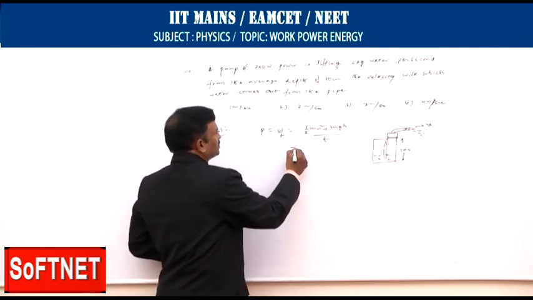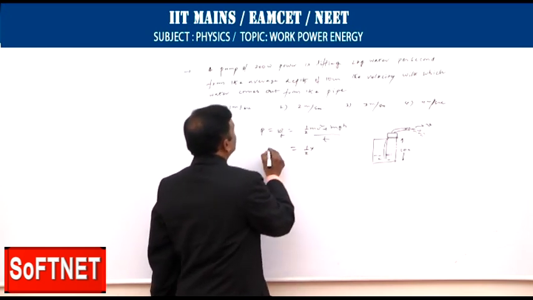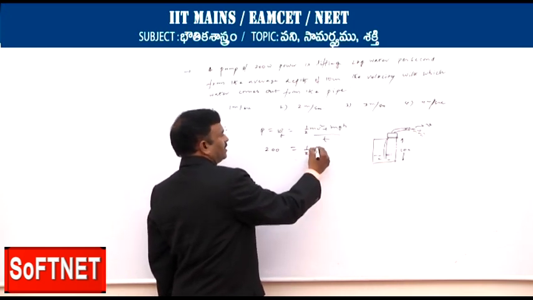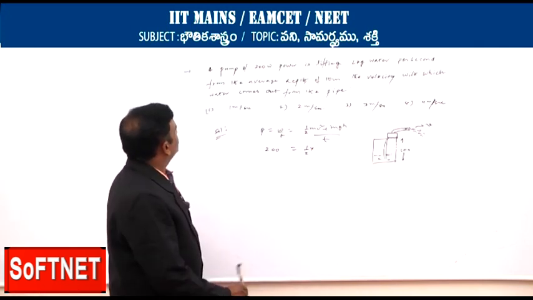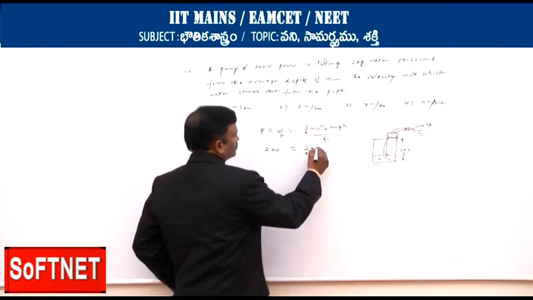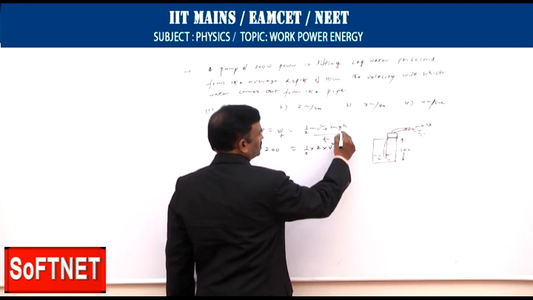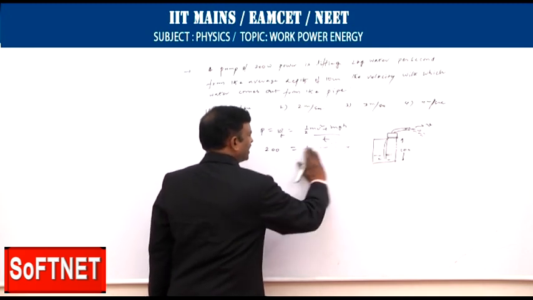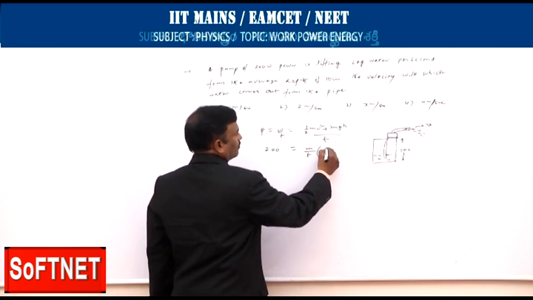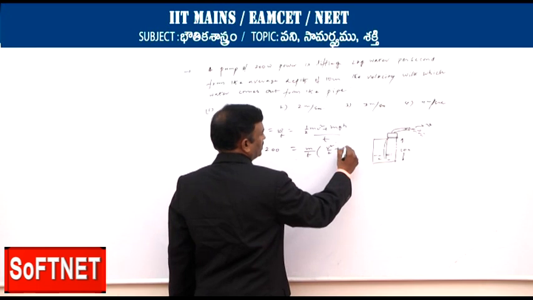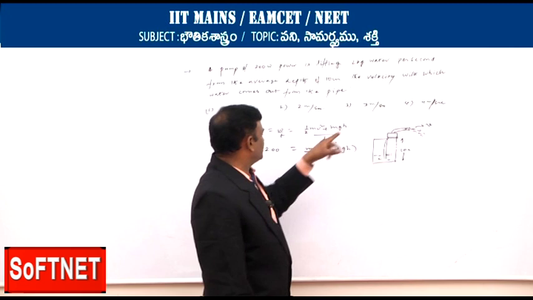In such a manner, half into m, power is given as 200 watts, and m is the mass of the water, 2 kg, and velocity we want to find out. Plus mass is 2 kg, and here we can take m by t common, so v square by 2 plus gh we can write, because 2 kg water per second is the given rate of water.